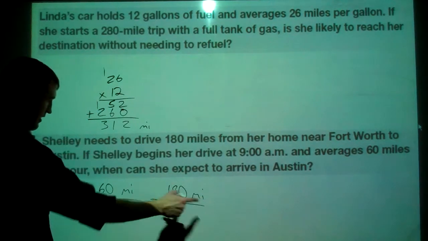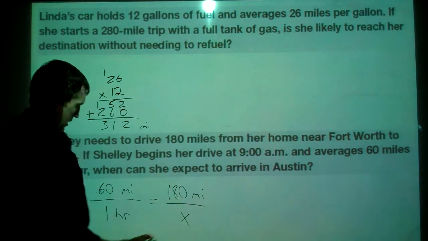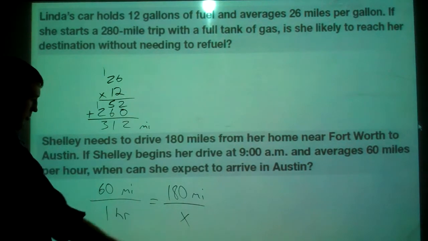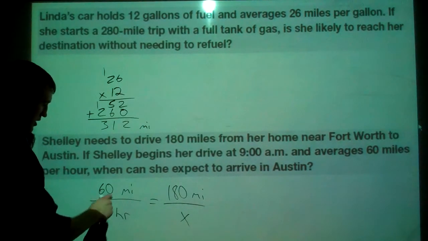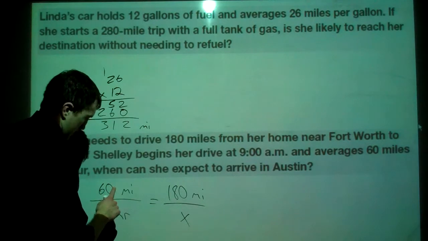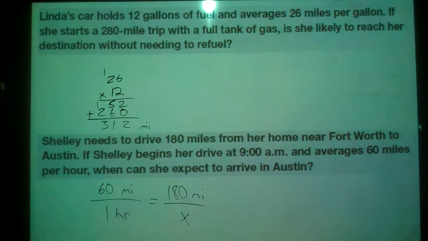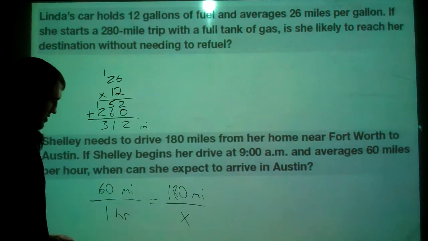Notice how I have things lined up, miles and miles. And now we're going to look for X, or how many hours. Okay? 60 times what gets us to 180? Check my time. We're getting there. 60 times 3 gets us to 180.